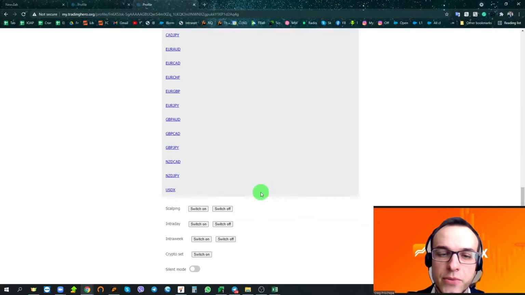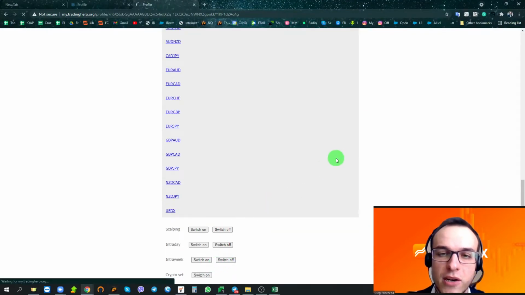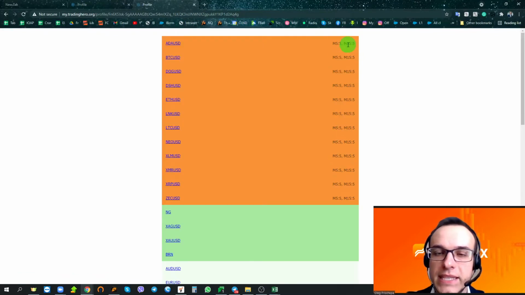After you do it, you will have cryptocurrencies on time frames 5 minutes and 15 minutes. It means that the bot will send you signals only on cryptocurrencies on these time frames.